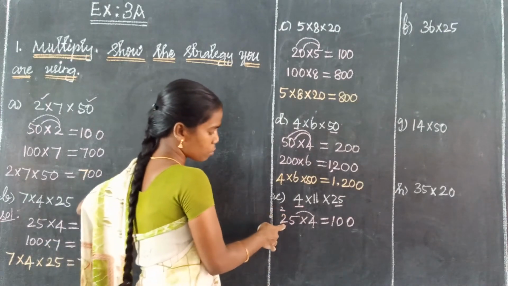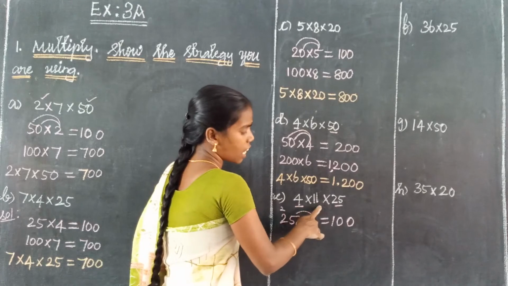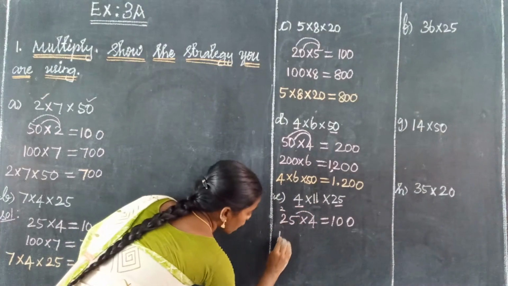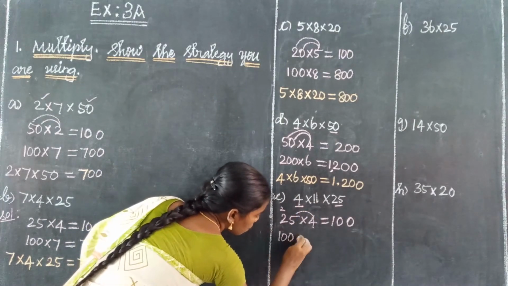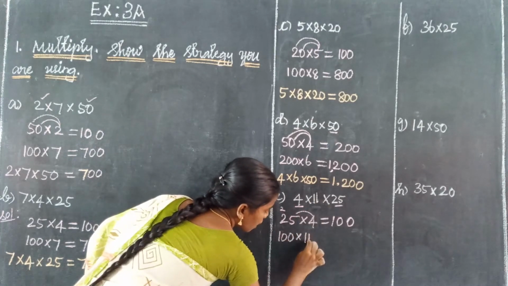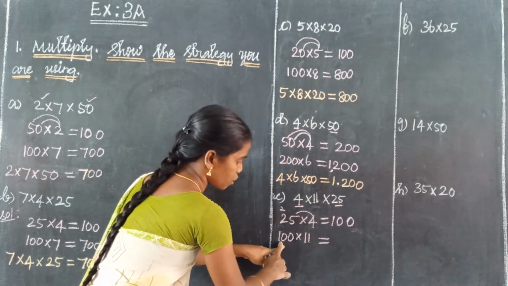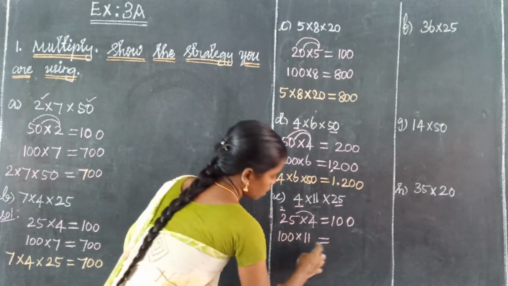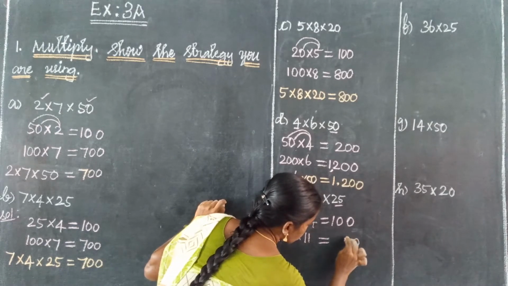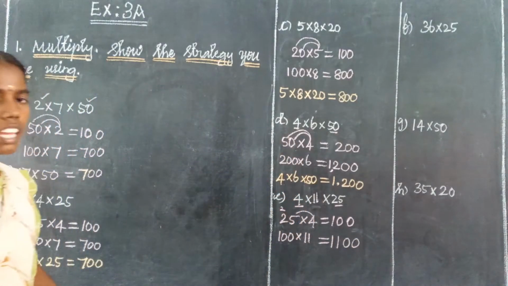So first I am choosing this 25, the second number is 4, and the third one is the remaining number. So the answer 100 into 11. To get the answer directly, 0 0, then 1 11s are 11, that is 1100.